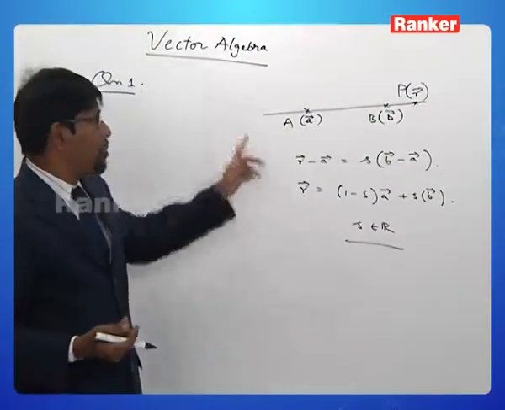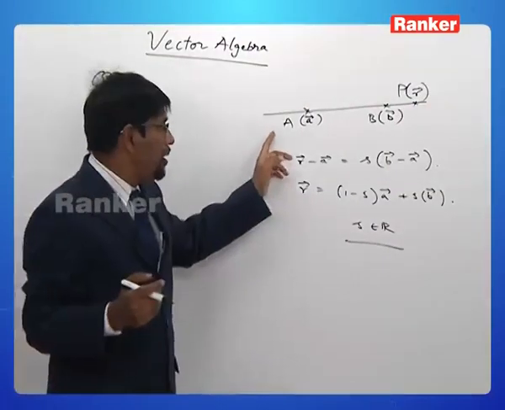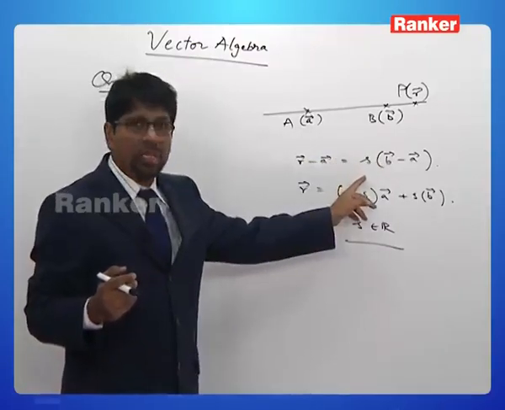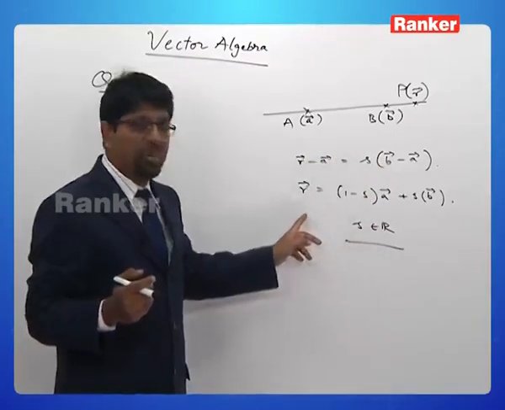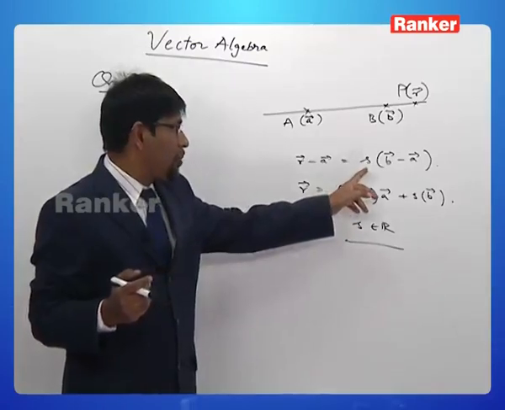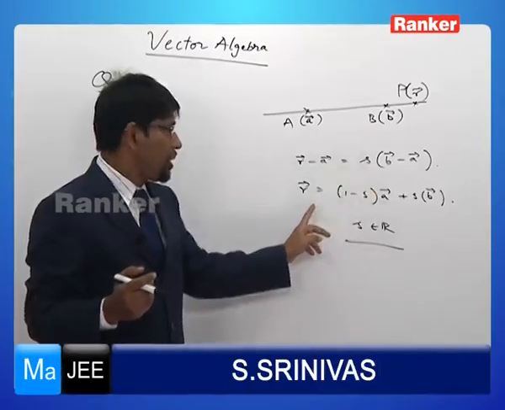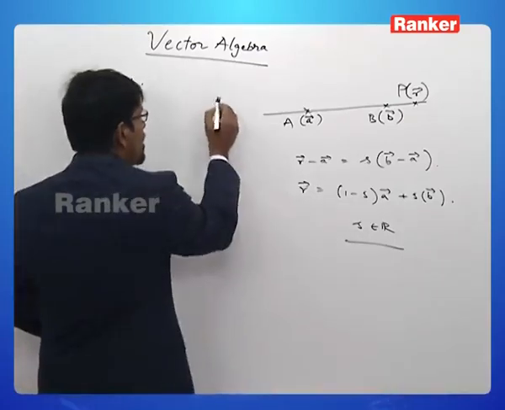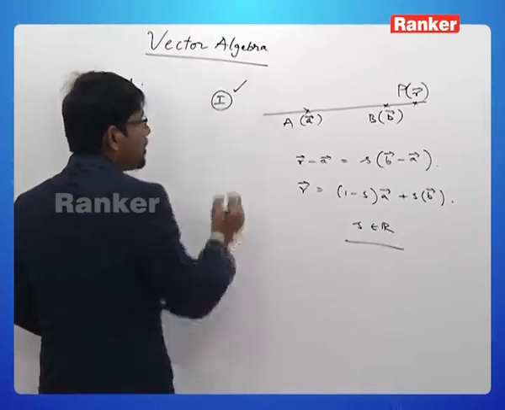So if R bar is a position vector of a general point on the line, then R bar minus A bar has to be parallel to, or collinear with, B bar minus A bar. Which means R bar can be written this way. So the first statement is true, no doubt about it.